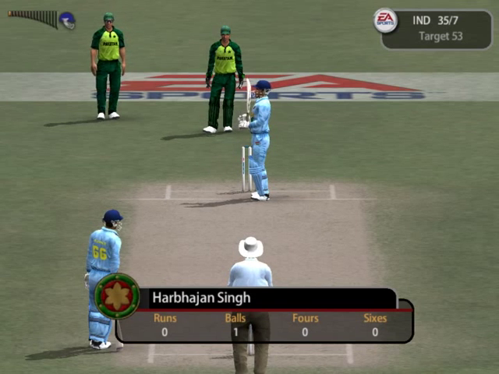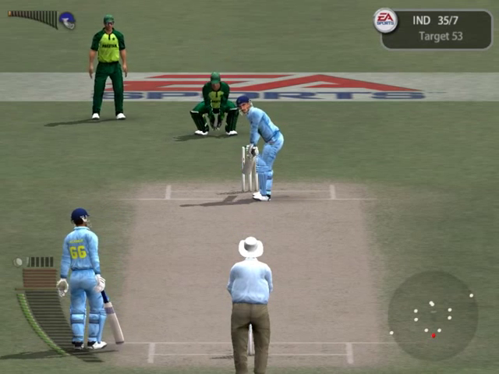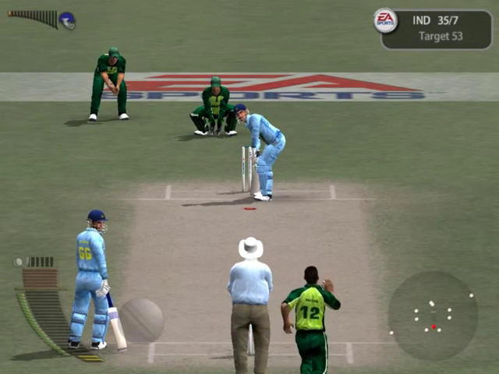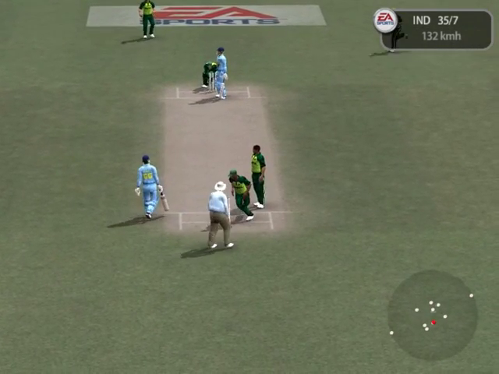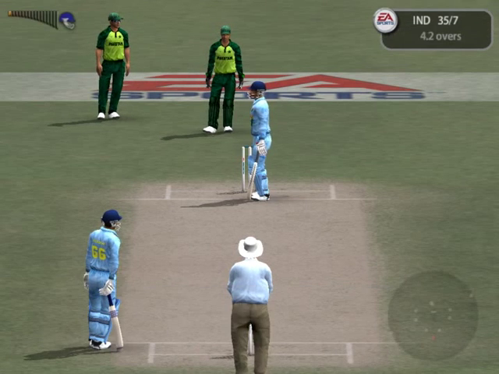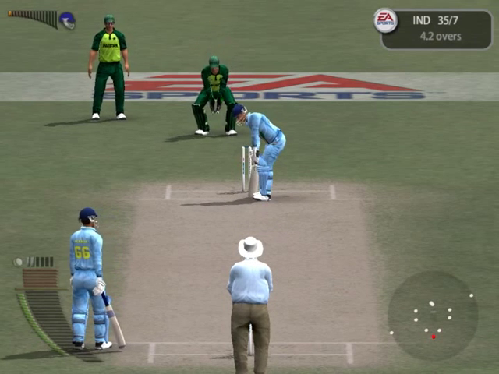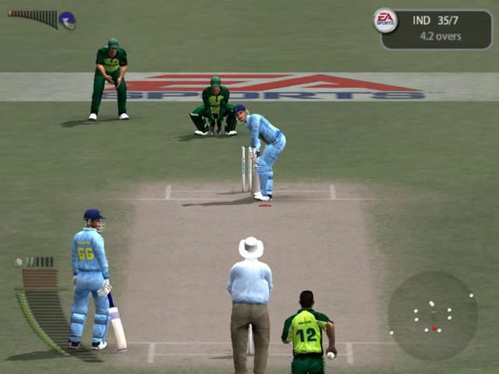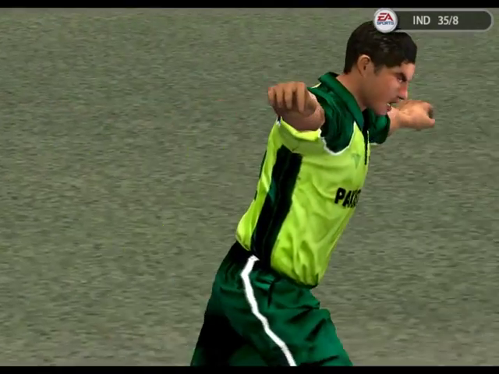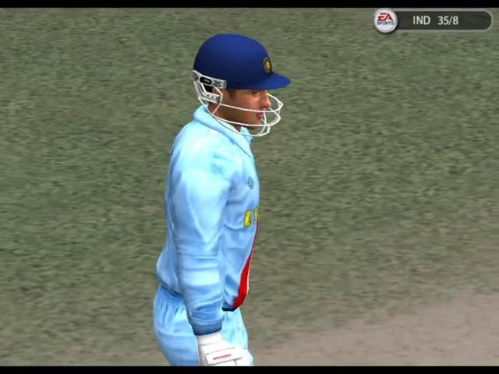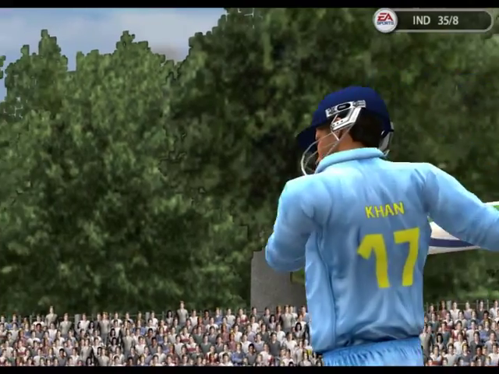Harbhajan Singh facing. Abdul Razak to Harbhajan Singh. Can't afford to miss the straight. It's comprehensively bowled. Abdul Razak gets his first wicket. Let's take a look at that in slow motion.